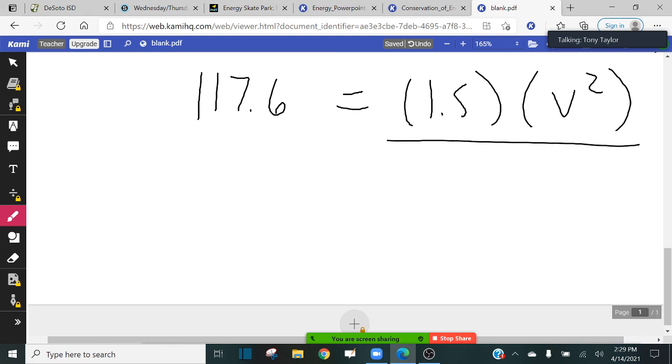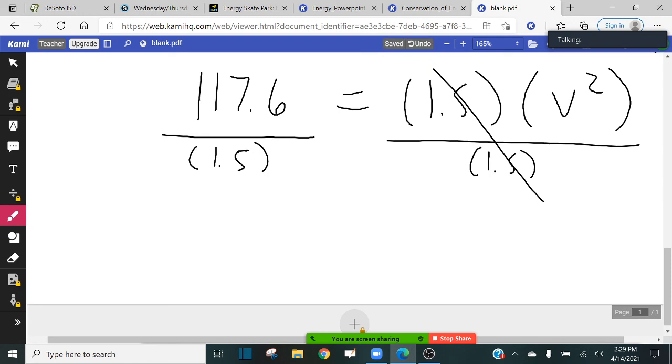I need to divide by 1.5. That goes away. Whatever I do to one side, I have to do to the other. So if I take 117.6 and divide that by 1.5, I get 78.4 is equal to v squared.